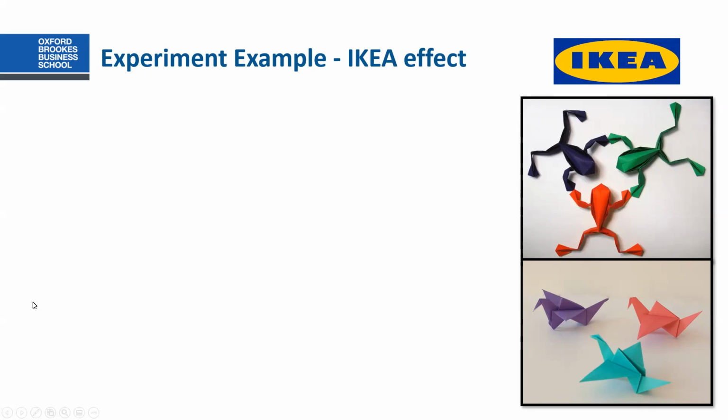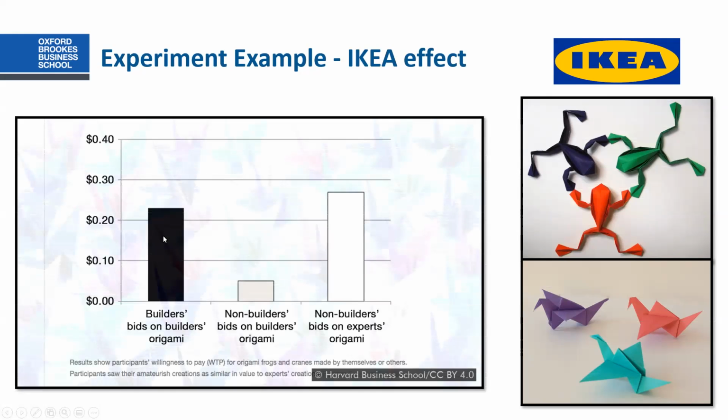The bidding phase also included origami made by expert folders. As you can see from this graph, the results showed that participants valued items that they created or assembled themselves much more than the items created by other participants.